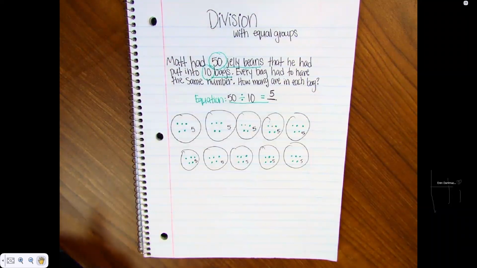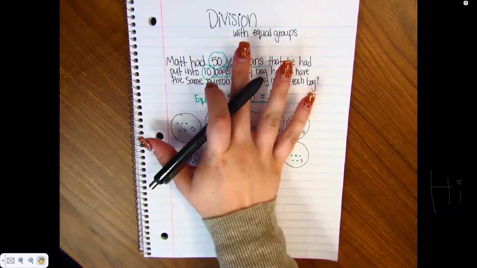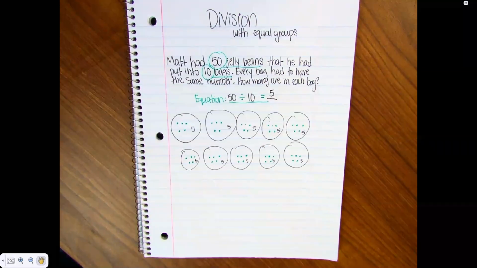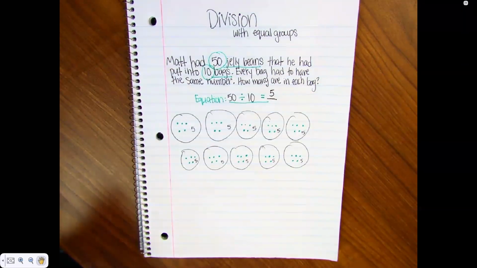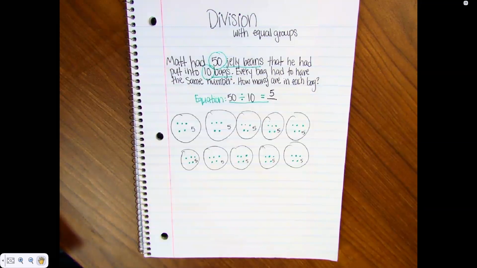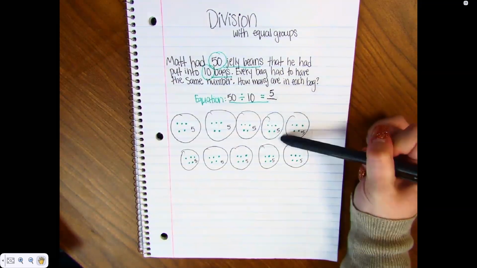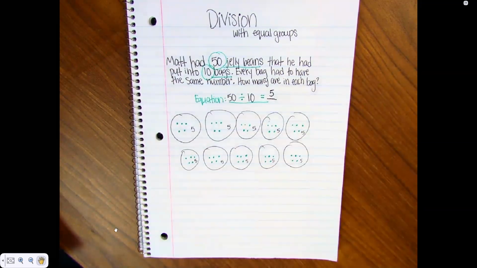All right. So this is how we can do our division with equal groups. So I'm going to show you another problem. Remember, you don't have to write the word problem, but I do want you writing the division equation and the equal groups.